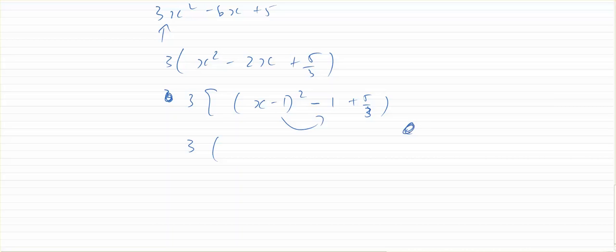So I do dots inside. So you've got x minus 1 squared. Now on 3, 1 is the same as 3 on 3. So you've got negative 3 on 3 plus 5 on 3. And negative 3 on 3 plus 5 on 3 is positive 2 over 3.